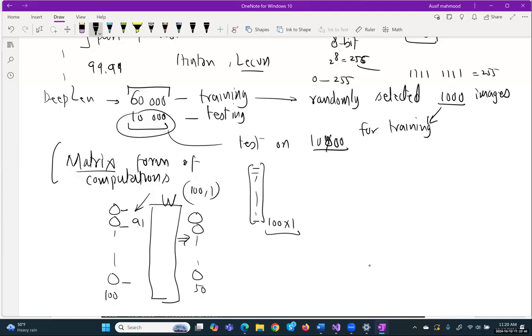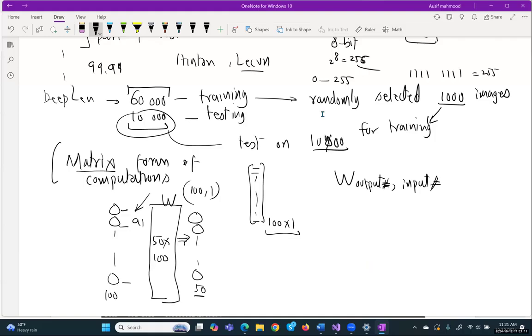Remember our terminology was we will go number of outputs times the number of inputs, right? Okay, so since there are 50 outputs in my example, the weight matrix that we will create will be 50 by 100, right?